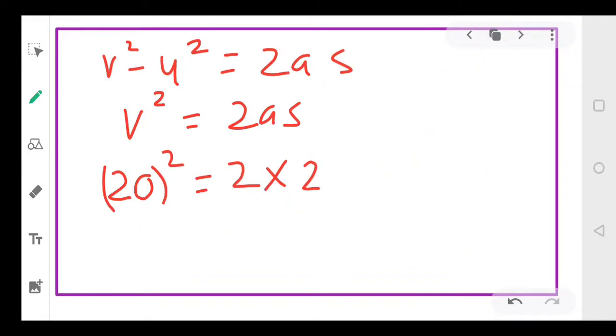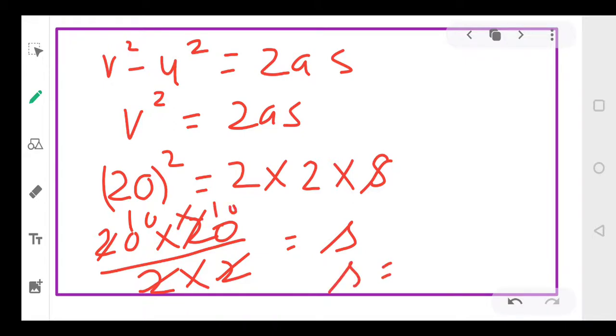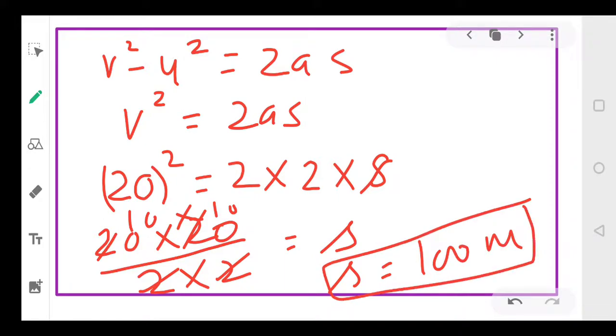So 2 into s. S we got to calculate. So 20 into 20 upon 2 into 2 is equal to s. So 2, 2, 2, 2. So 10 into 10, right? So your s is equal to 100 meters. S is equal to 100 meters.